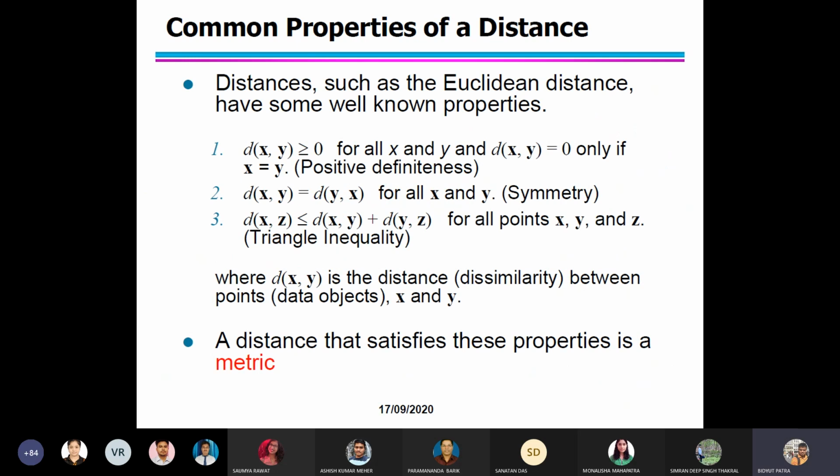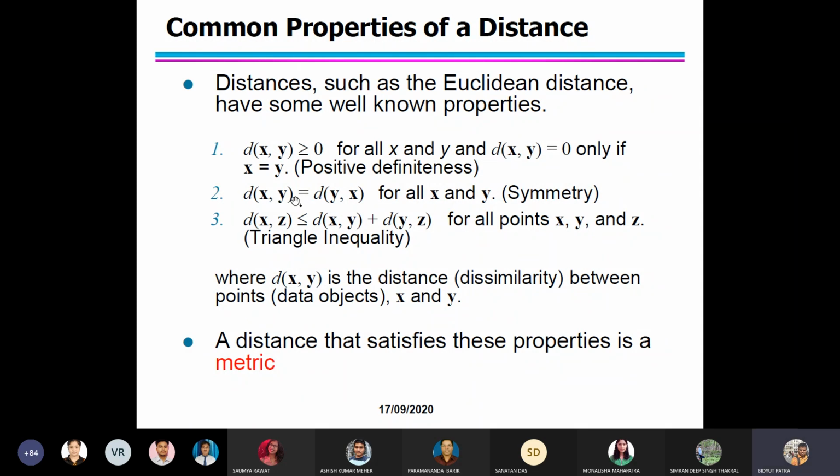Now there are some properties of distance. It is not necessary that every distance or similarity measure must satisfy this set of properties; some of the distance measures may satisfy them. Here, the distance between 2 points is always greater than or equal to 0; if it is 0, then it is the same point.